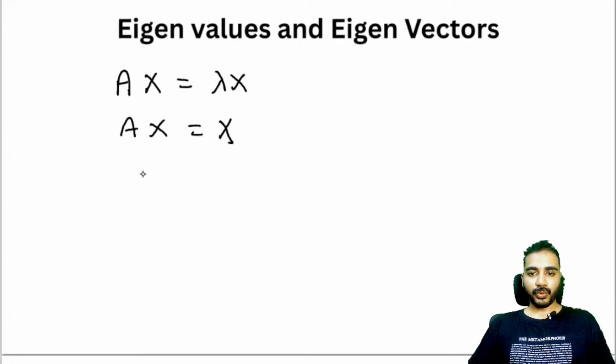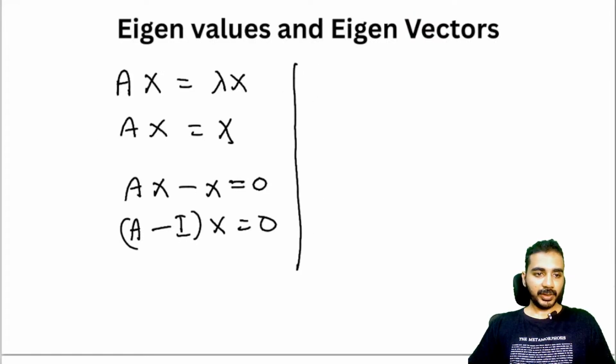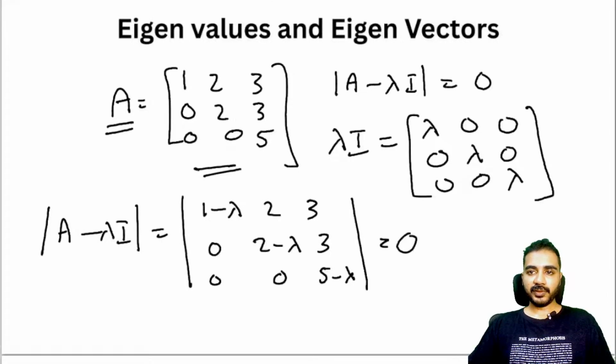So Ax equal to x, then we can write it like this. Now calculate this part. This is A, right?